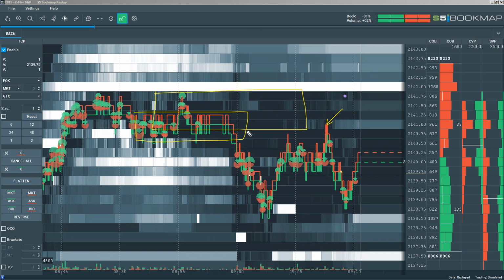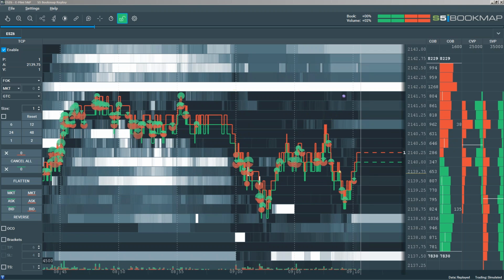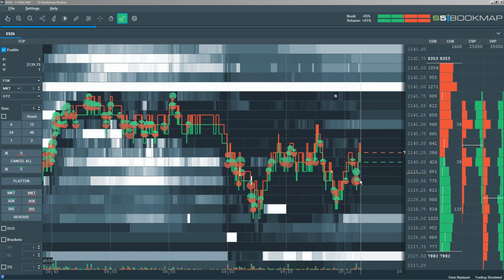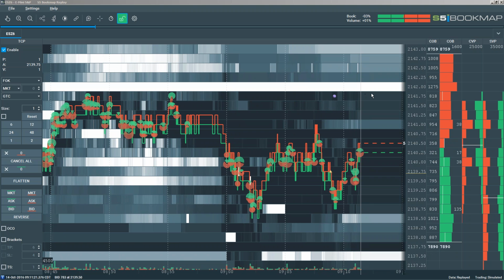This is likely to show the first point of resistance on a price action basis, and I have a little bit of protection at 37.50 in the form of some size.